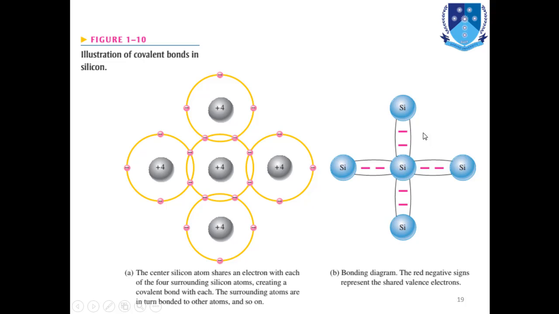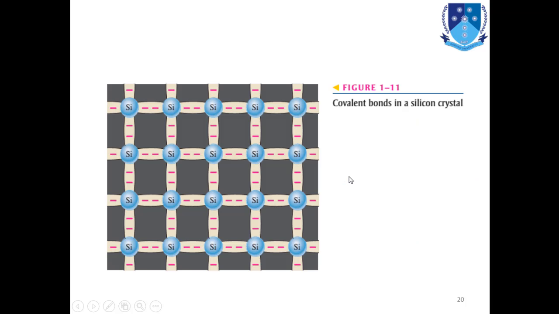Similarly, the side or the upper silicon atoms will also share their valence electrons with other neighbors and complete their 8 valence electrons.